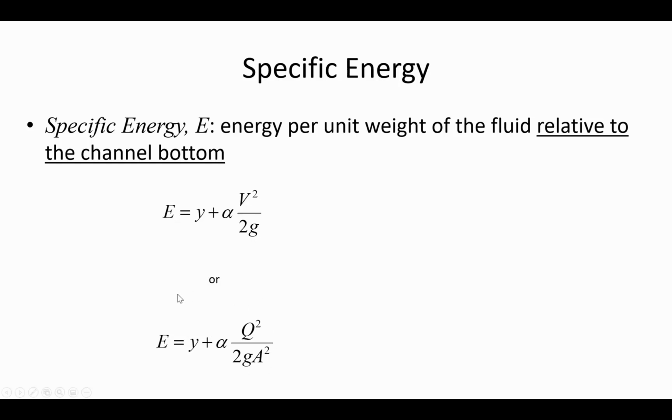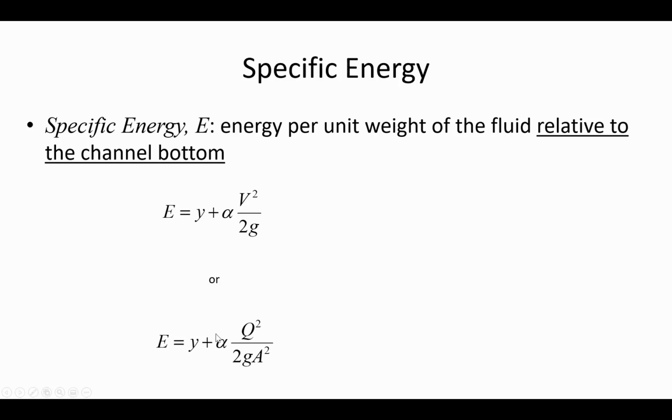This other way of writing specific energy, you can see I've done that same substitution that we've seen before, where sometimes it's not convenient to express the velocity head in terms of velocity. Sometimes I know the flow rate, but I don't yet know the velocity. So we can express velocity head as alpha Q squared divided by 2gA squared.